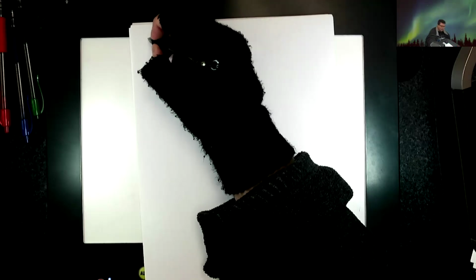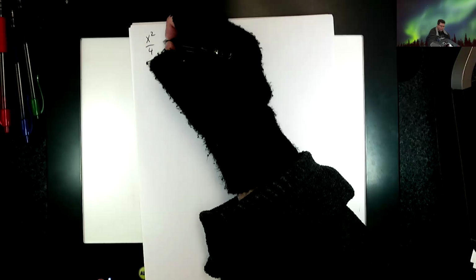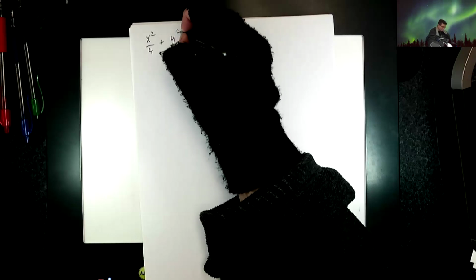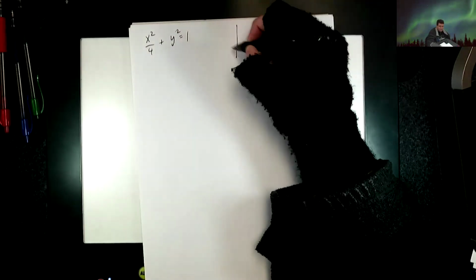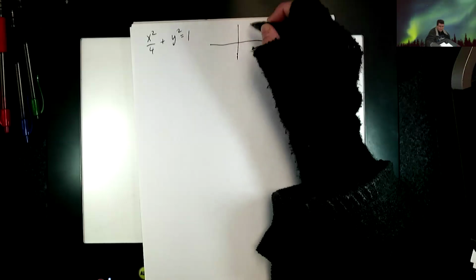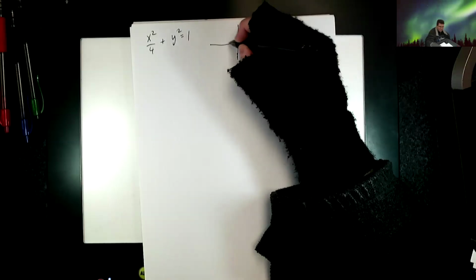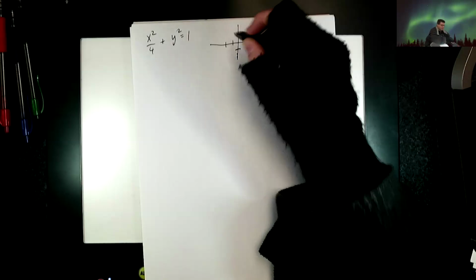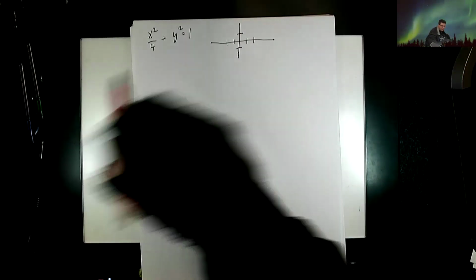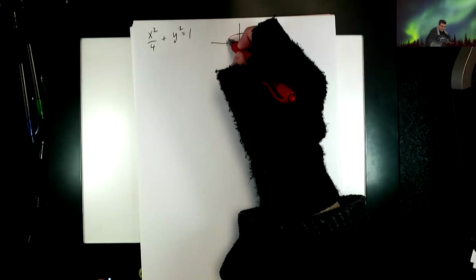If we had the equation of the ellipse x squared over 4 plus y squared equals 1. This goes out 2 units in each direction here, 1 unit in each direction here. Graphing this in rectangular is super easy.